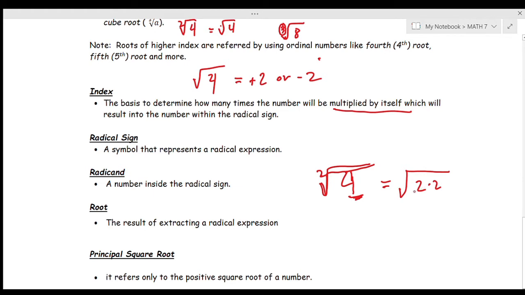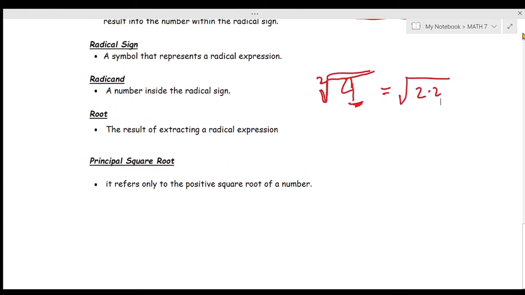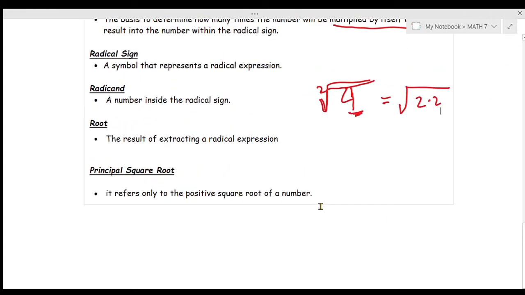Now, we have this principal square root. What do we mean by principal square root? Principal square root refers only to the positive square root of a number. For example, the square root of 4 will result to positive 2 or negative 2.